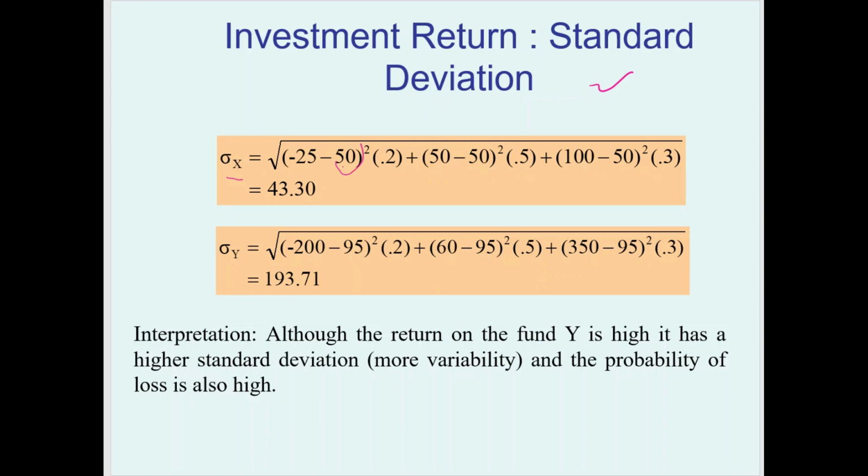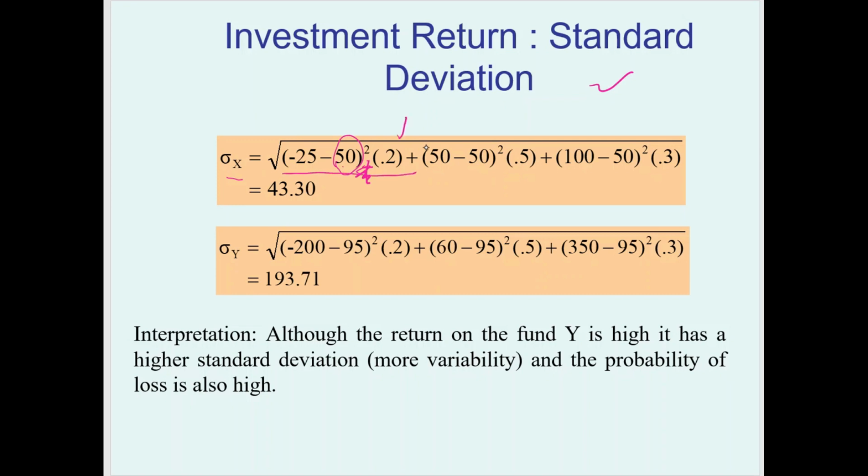Okay, and then you need to plus. Okay, missed out here. Not plus here. Okay, negative 25 minus 50, 50 is your expectation, squared, times the probability here. Sorry, 0.2. Okay, so this is for the first one.